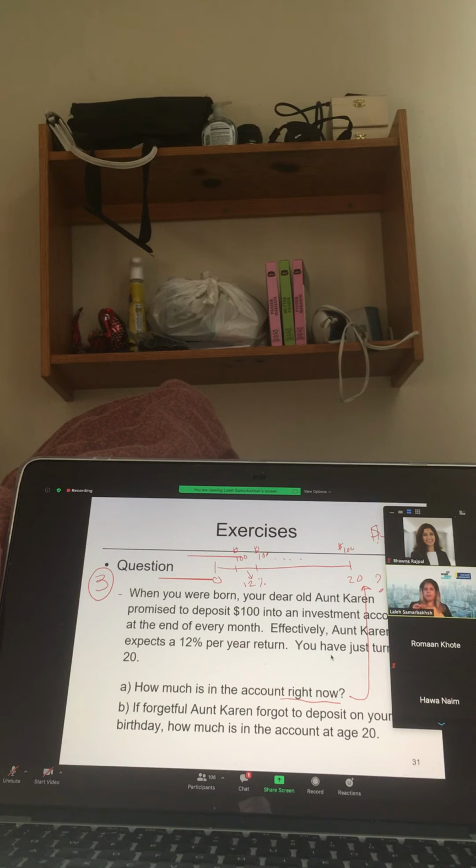Now, the second part of the question is a little bit of a tweak to this annuity. If forgetful Aunt Karen forgot to deposit on your 5th birthday, so somewhere in between here, which is number 5, she forgets to deposit. So we have a hole here, right? How much is in the account at the age of 20? Now, instead of breaking this annuity into 2 parts, that's too messy, right? The only thing you have to do is that if she forgot $100 when you were 5, that $100 could grow to something now that you're 20, right? 15 years of growth is lost.